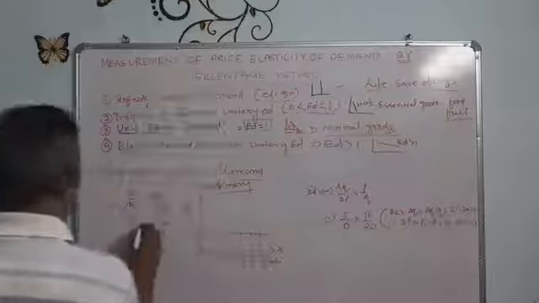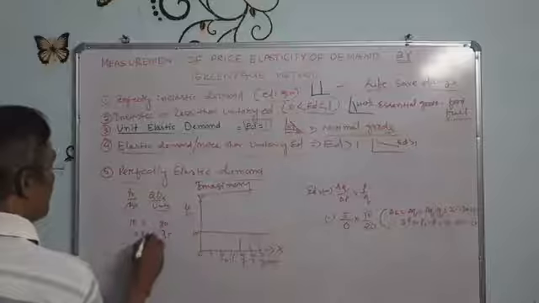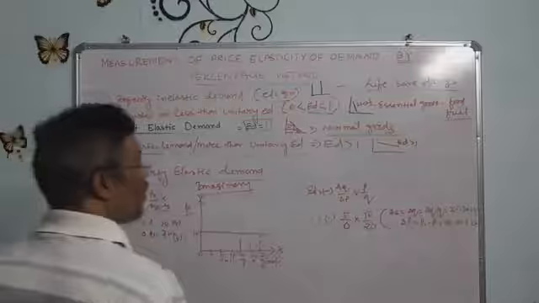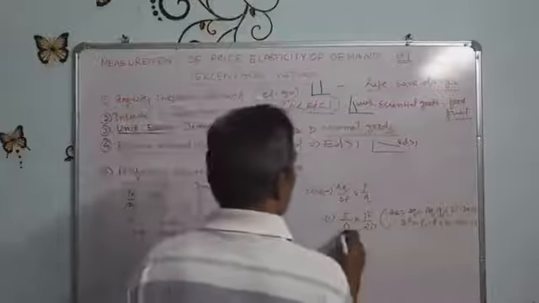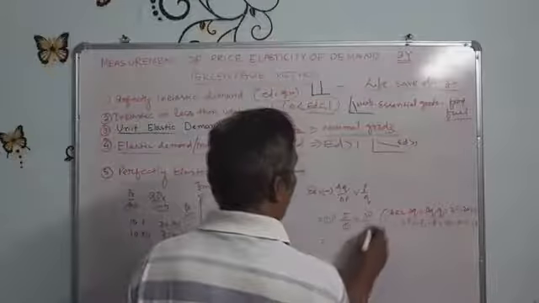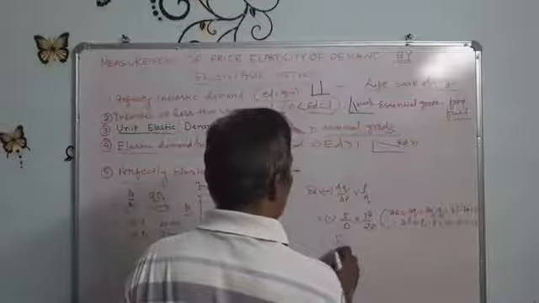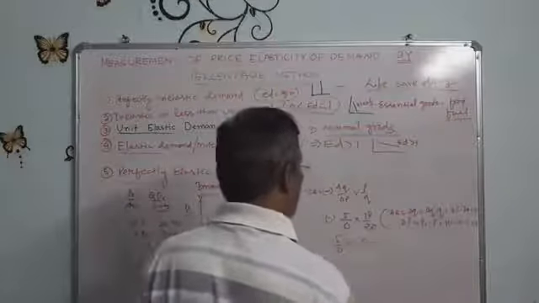So this is P, this is P1, this is Q, this is Q1. So it is 5 by 0.